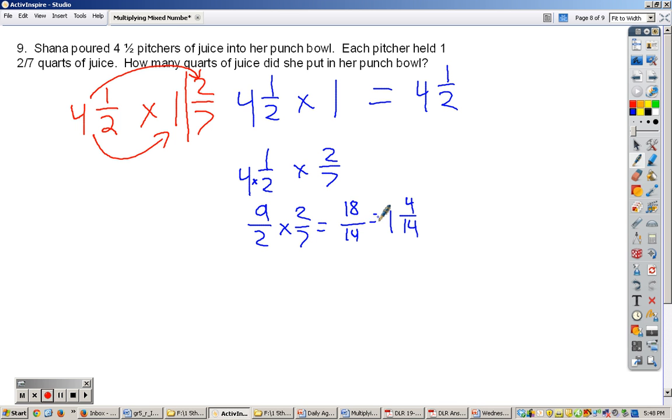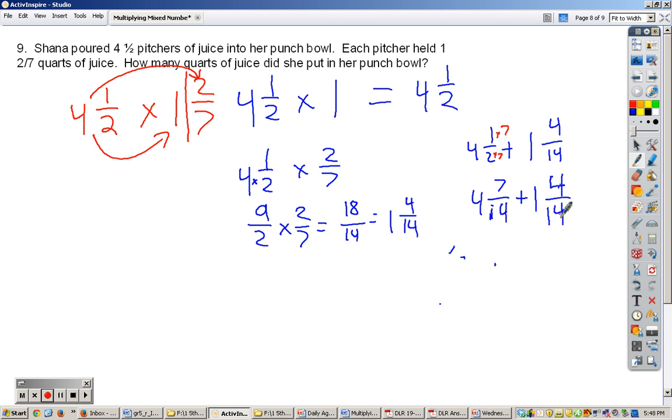And I have to add these two up. So 4 and 1/2 plus 1 and 4/14. 2 goes into 14 7 times, and we'll put times 7 times 7. My new problem is going to be 4 and 7/14 plus 1 and 4/14.